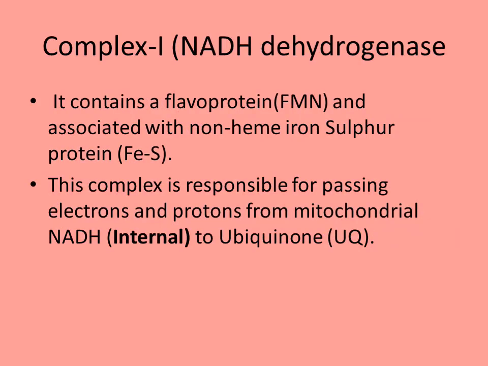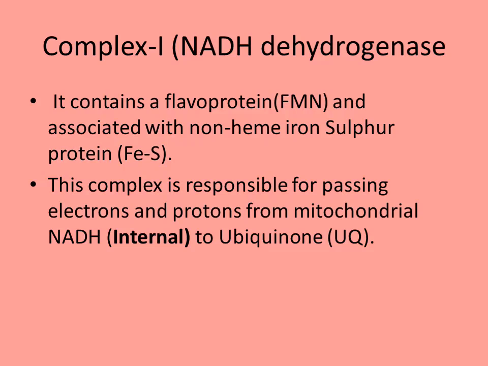Complex 1. So, it contains என்னெல்லாம் இருக்கு அப்படின்னா flavoprotein, and it is associated with non-heme iron sulfur protein. It is responsible for passing electrons and protons from mitochondrial NADH to ubiquinone.